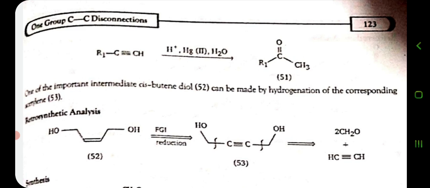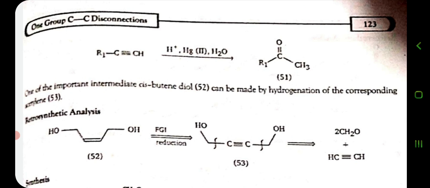Similarly, in the retrosynthetic analysis of the important intermediate cis-butene diol, cis-butene diol can be made by hydrogenation of the corresponding acetylene. In this reaction, one C-C disconnection occurs and we will get acetylene.